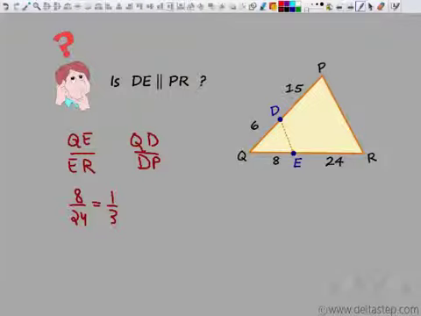Now let's find QD by DP. QD is 6 and DP is 15. So this is equal to 2 by 5. And the other is 1 by 3. Is the ratio equal? No. The ratio is not equal and hence these lines are not parallel.